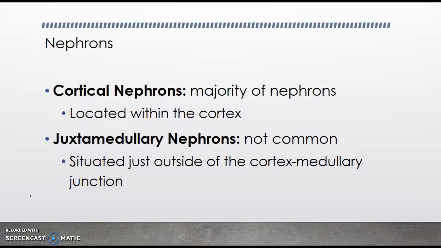I think the most important thing to know about nephrons is that cortical nephrons are the majority of our nephrons, and they dip very deep down into the renal cortex. And the juxtamedullary nephrons are in between the cortex and the medullary junction. The most important thing for this is to just know that cortical nephrons are our most common.